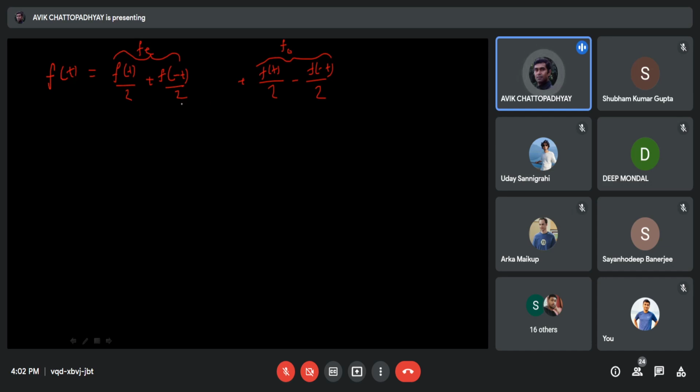So now you think of the signal by itself as neither even nor odd, but you can represent it in terms of an even function as well as an odd function.